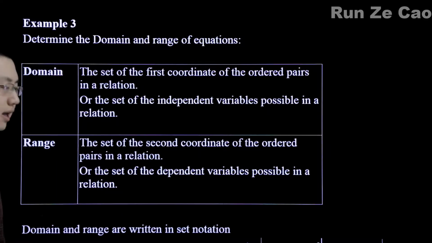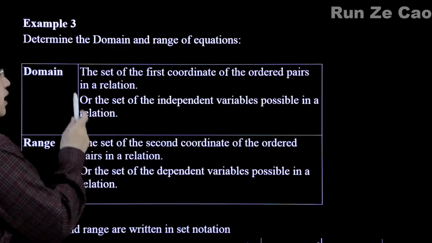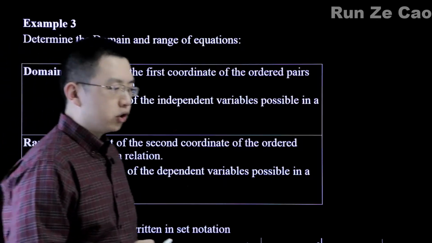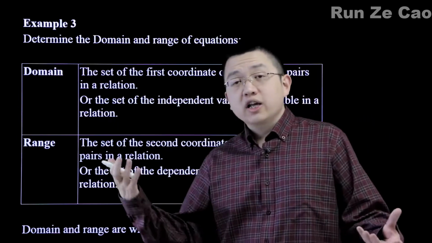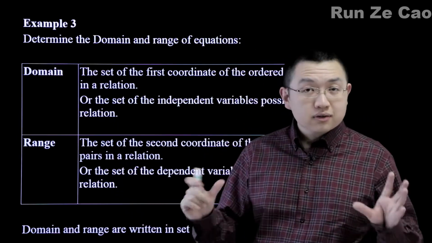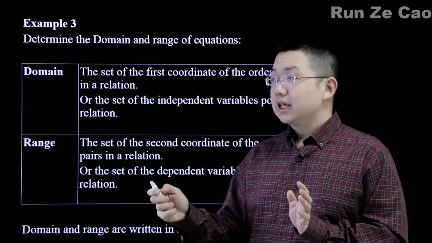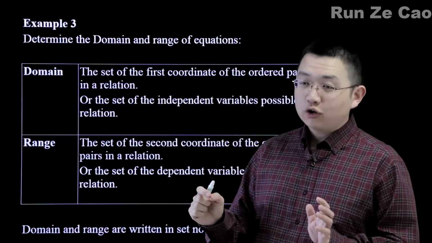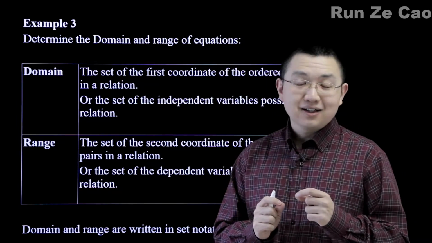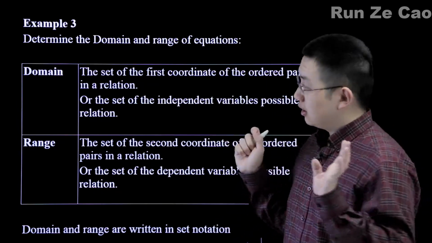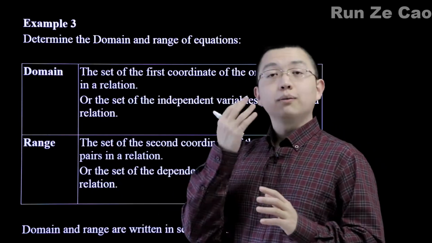So the domain is a set of independent variables that are possible. It is the set of the first coordinates of the ordered pairs. Why is it that we usually give it as a range then? Or a range of values, that is? Because you have infinitely many ordered pairs even over a very short line segment on, say, a graph. Whereas if you give it as a range of values, you cover all your bases.